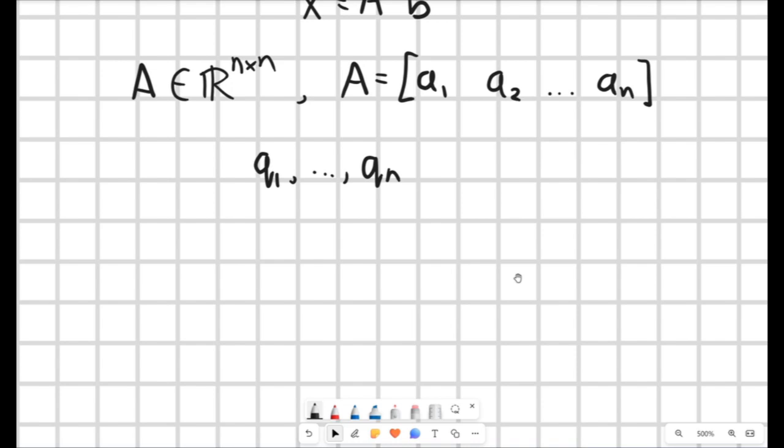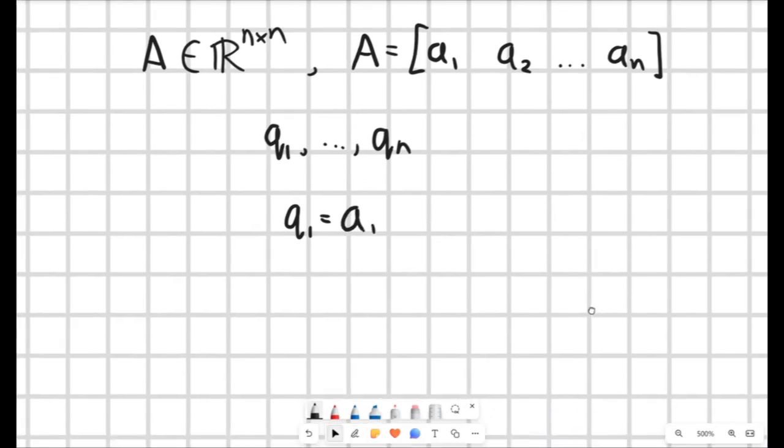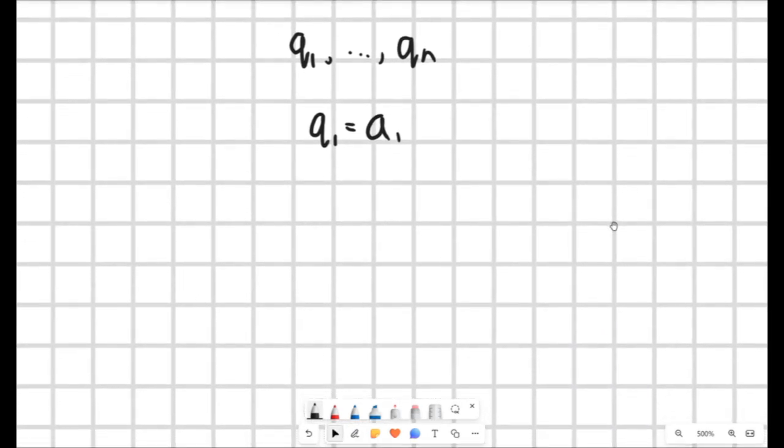And we do that by, first of all, we set Q1 equal to A1. We then set Q2 equal to A2, but then minus the projection onto Q1 of A2.